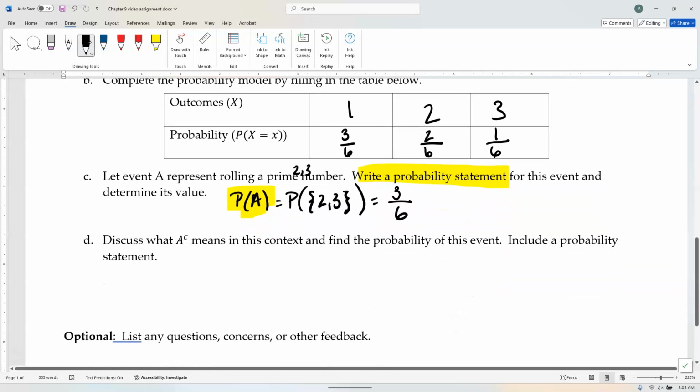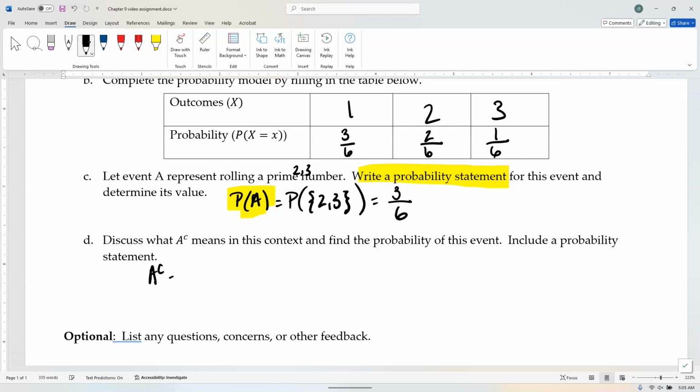Okay, part D, discuss what A complement means in this context and find the probability of this event. So if A is rolling a prime number, A complement is rolling a non-prime number. Then you say, oh, the only non-prime number is 1, and you can say it's 3 out of 6. Yes, I get it, but the intent is for you to do the complement formula.